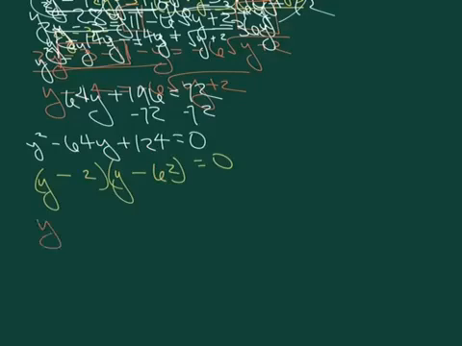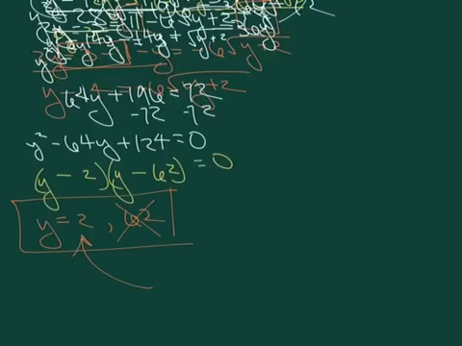So my y possibilities are 2 and 62. So I plug each of these in to the original problem, and you will find out that 2 works, 62 does not work. So even though you get two answers, only 2 checks and works.